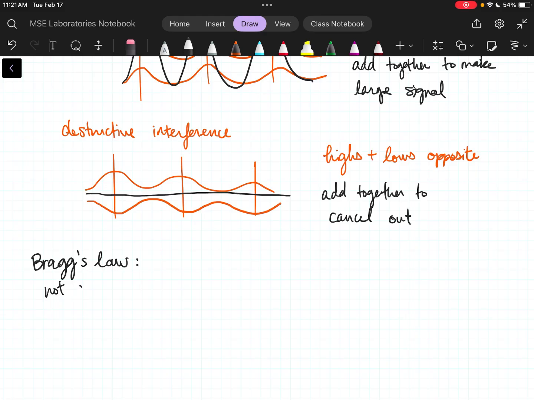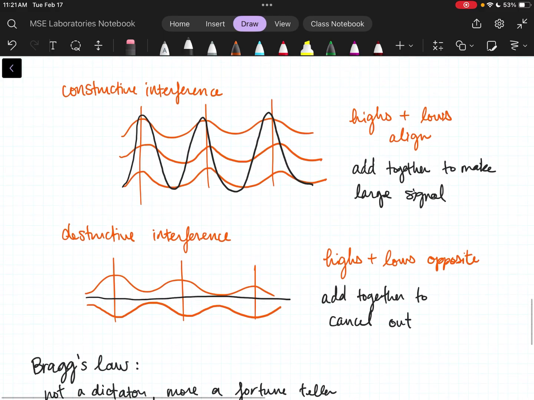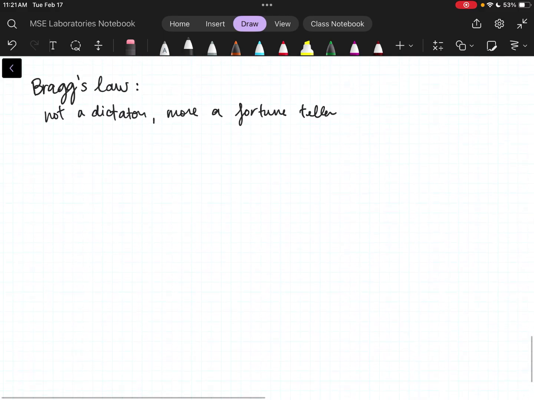Bragg's law helps us predict. So it is not a dictator, more a fortune teller. But like a scientific fortune teller, they're never wrong. It's a way for us to predict when there's going to be constructive or destructive interference.